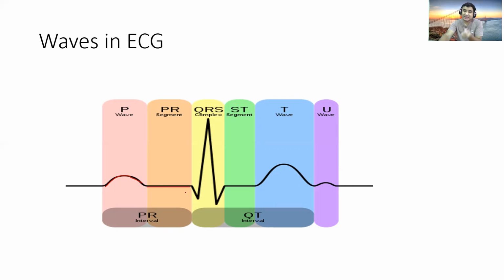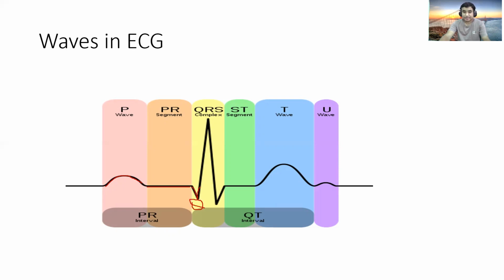Once there is a delay in the AV node, the current travels through the bundle of His, but initially the current flows from left to right, which is opposite to the usual direction. That's why there is some deflection here. This is the Q wave. The Q wave is because of the septal depolarization.